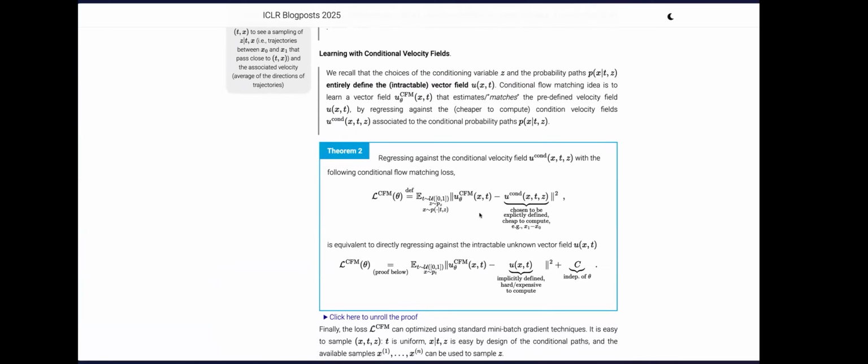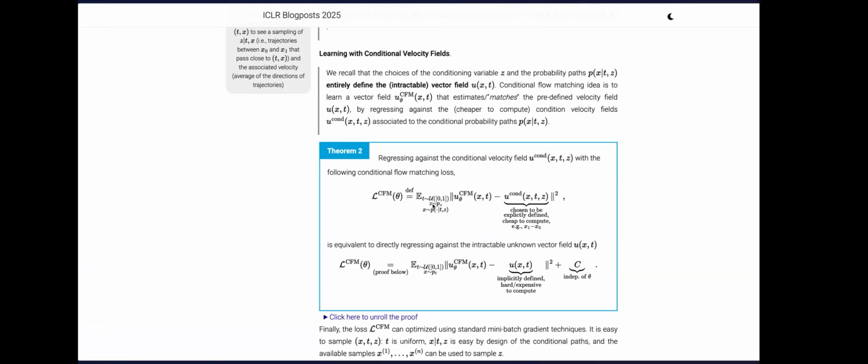From this theorem, we know that if we regress, if we match a neural network to conditional velocities as we also sample points x0. So we sample z, which means that we sample points x0 and x1, and we also sample time between 0 and 1, and we minimize these over and over for different values of x0, x1, and different values of t.